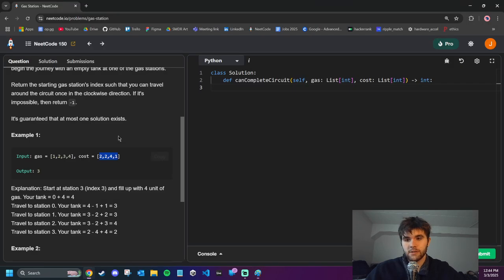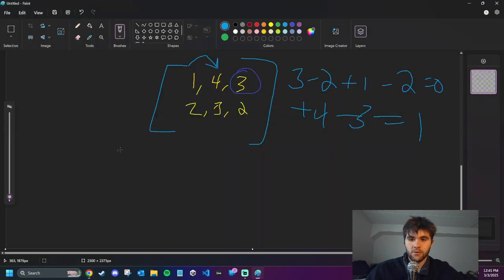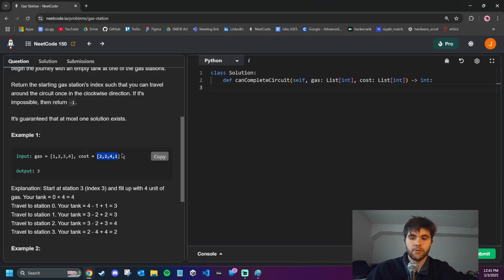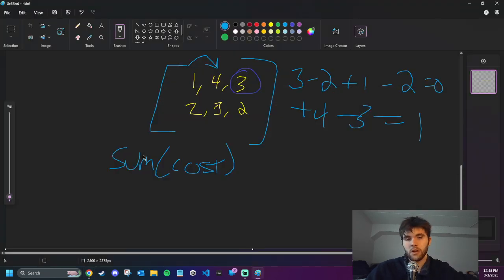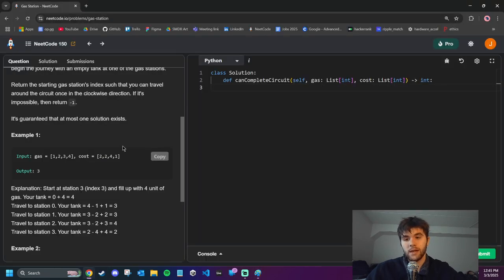What I mean by that is, no matter where you start, to complete the circuit, you'll always have to pay the sum of cost. The only problem is you need at every step to have more in your tank than cost of i. So to me, it would make sense to try to maximize your starting gas. Your starting gas. So do you just pick the highest, or do you pick the one with the highest difference?